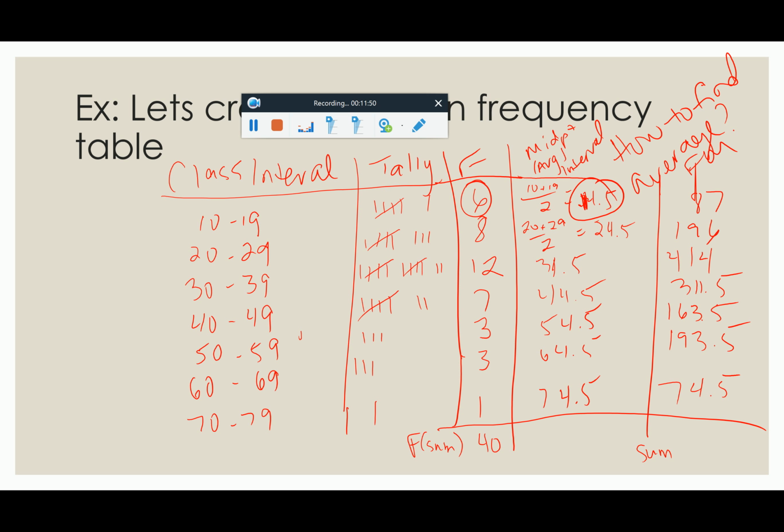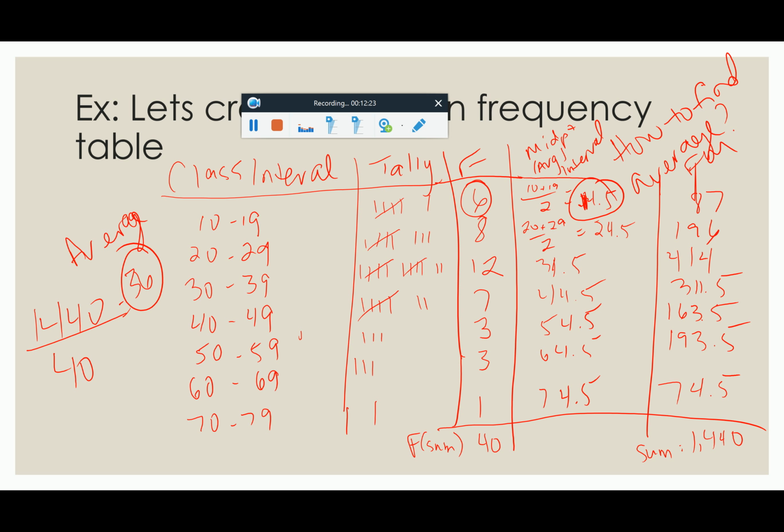Then 87 plus 196 plus 414 plus 311.5 plus 163.5 plus 193.5 plus 74.5. And then you will get 1,440. The last step is you take your 1,440 and divide it by 40, and you end up with 36, and that would be your average.